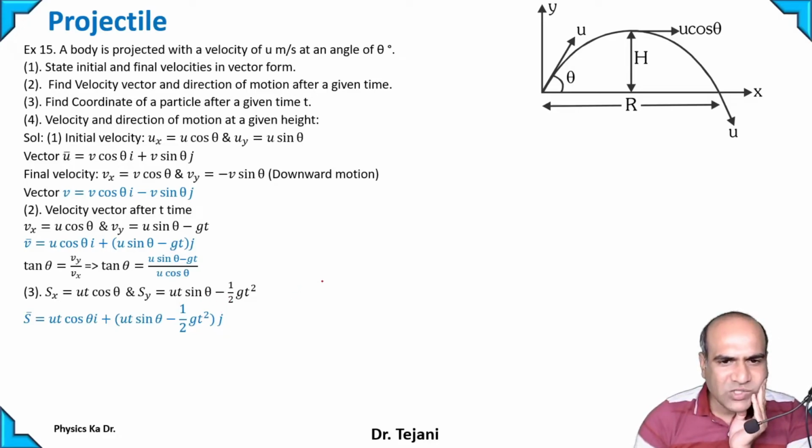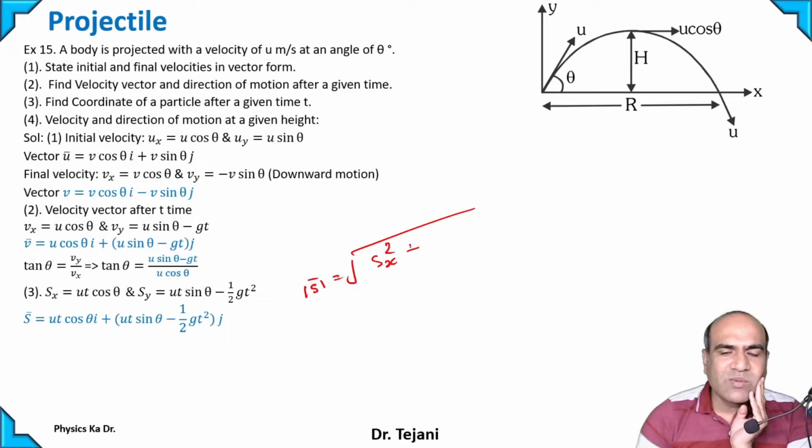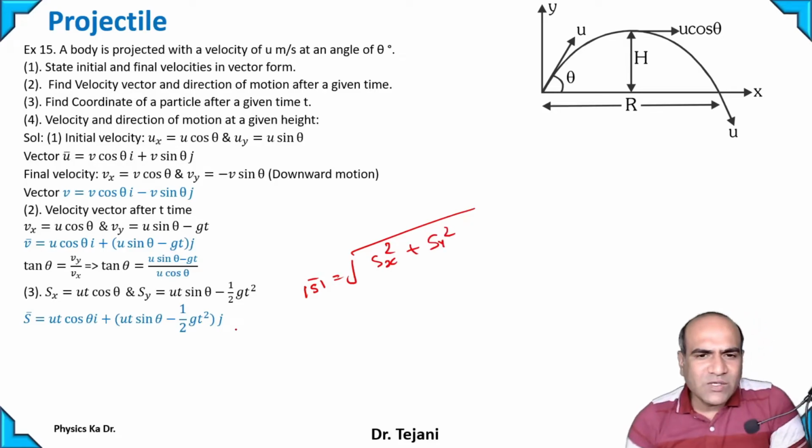If you want its magnitude, mod s is equal to root of sx squared plus sy squared. You can derive this equation from that.